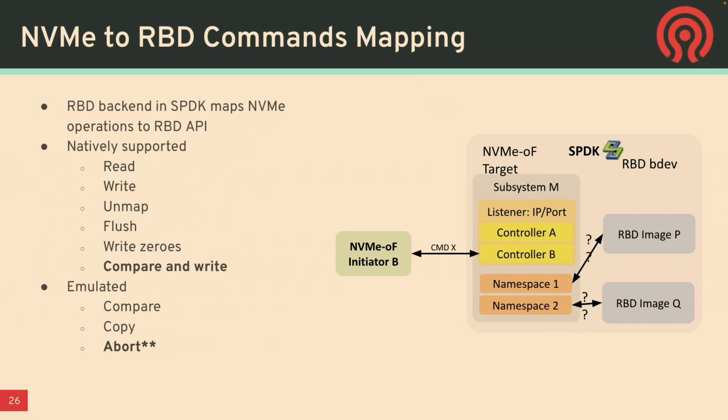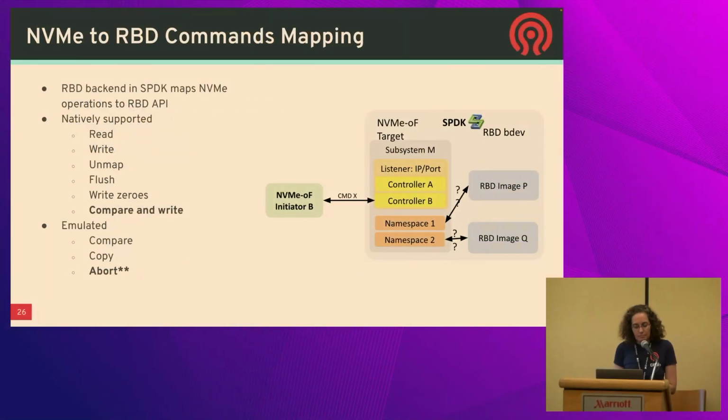It was designed for a very small block size, not enough. And we had to extend it so that it can accept bigger 4K commands, and also change SPDK to call the RBD command and not the emulated one. This is all merged upstream and ready. And for the emulated ones, we use the code in SPDK for compare and copy.